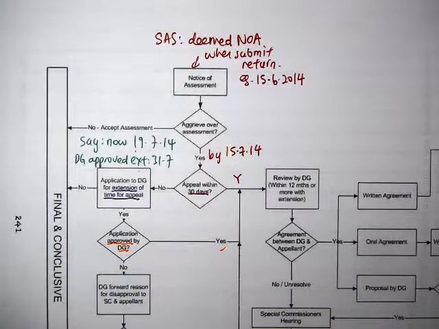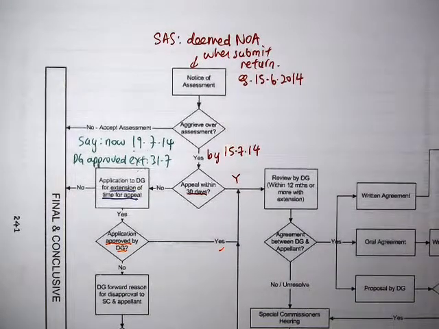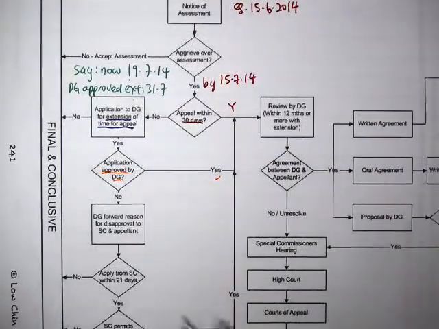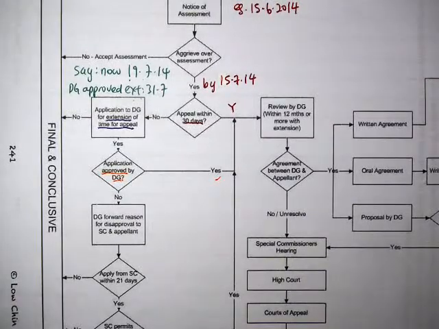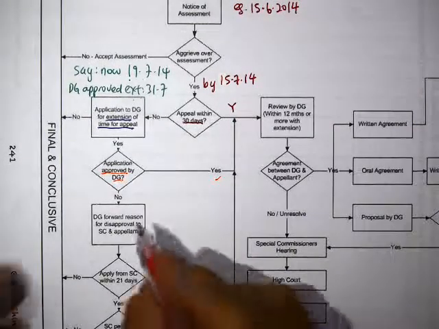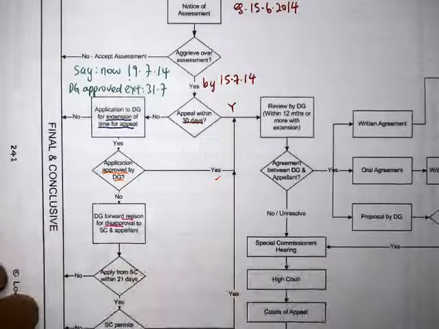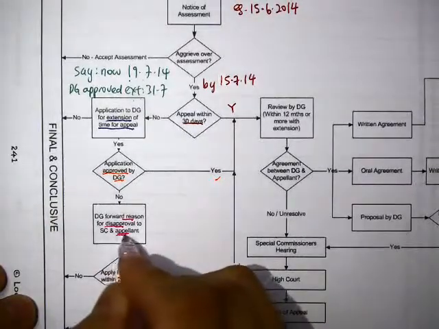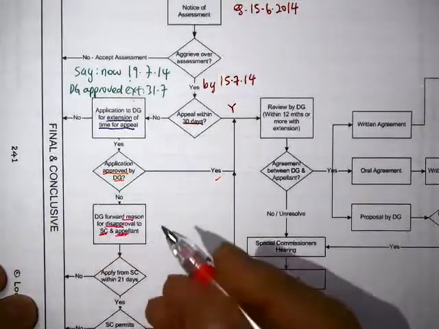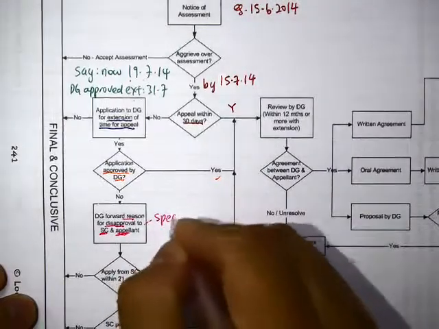Now, if the Director General rejects your application, he will give you a reason why he disapproved it. He will forward the reason to you, the appellant, and to the SC, which we call the Special Commissioner.